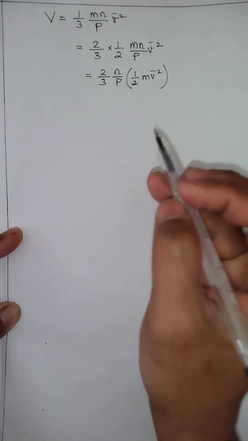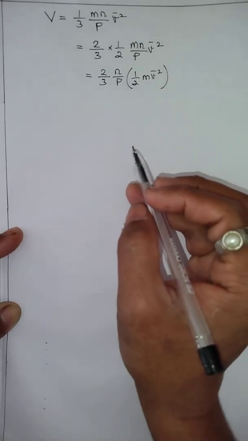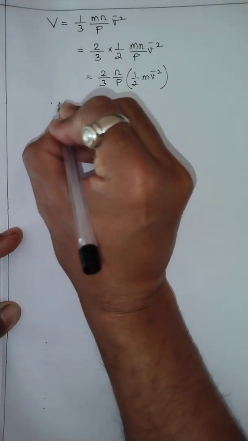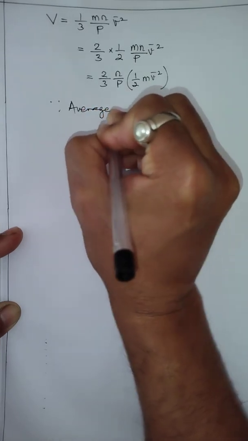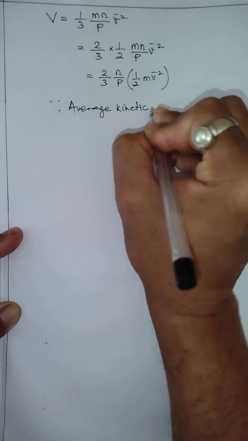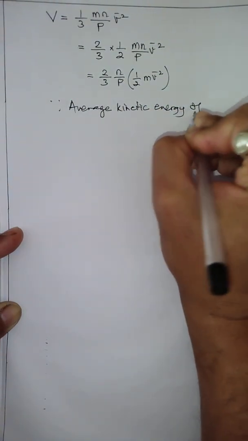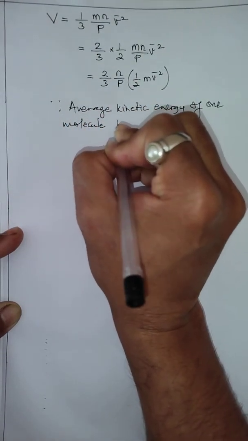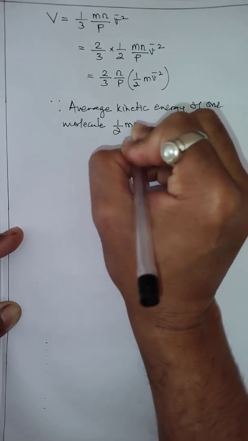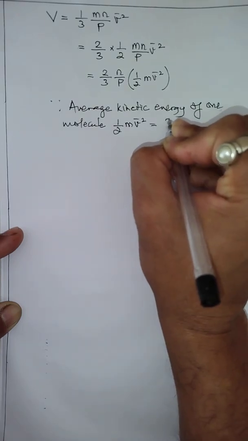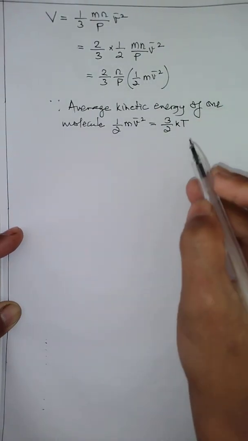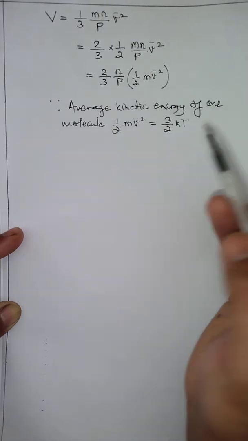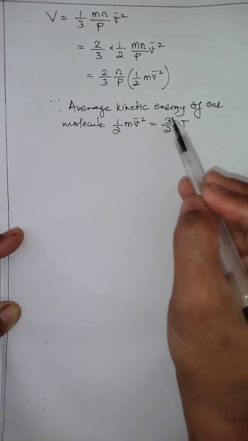We have done in the last class that the average kinetic energy of one molecule of the gas can be written in terms of temperature by a relation. The average kinetic energy of one molecule is given by 1 by 2 m times the mean square speed, and this can be written as 3 by 2 kT. Children, I am writing this directly because we have derived this relation already. So the average kinetic energy per molecule of an ideal gas can be written as 3 by 2 kT.